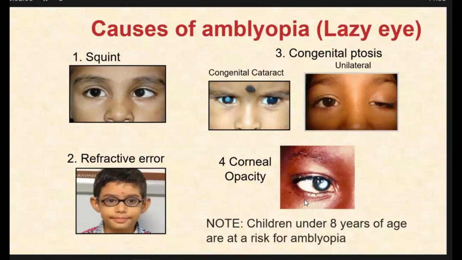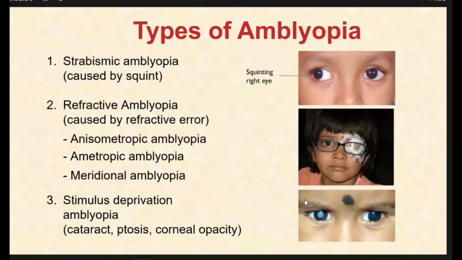Children under 8 years of age are at high risk of amblyopia. It is associated with significant morbidity in terms of lifelong poor vision and adverse effects on quality of life if not treated early. So early detection and treatment are very, very important.